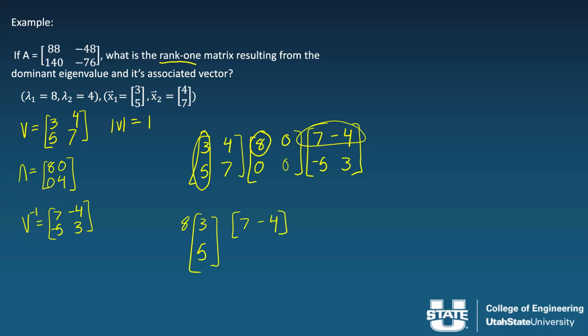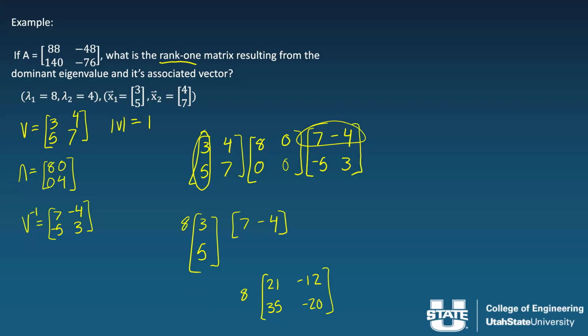And then we do our multiplication from there, where we get 21, -12, 35, -20 scaled by 8. In this question, it's just asking for the rank 1 matrix, so we'd multiply 8 into our matrix.